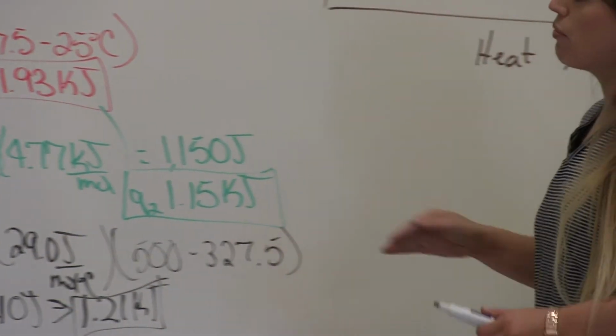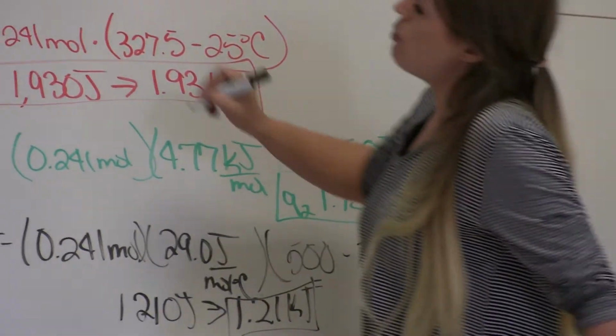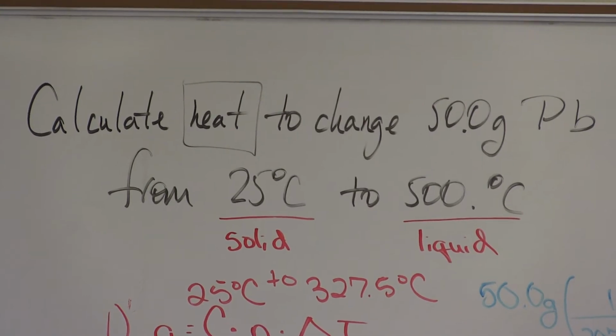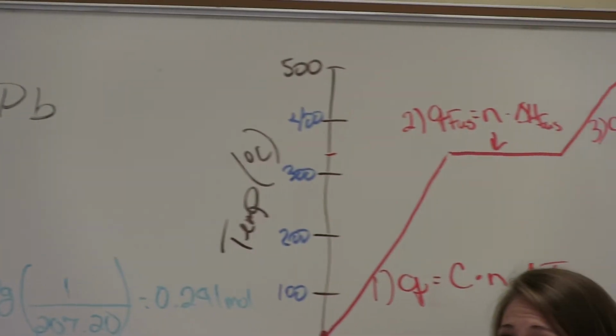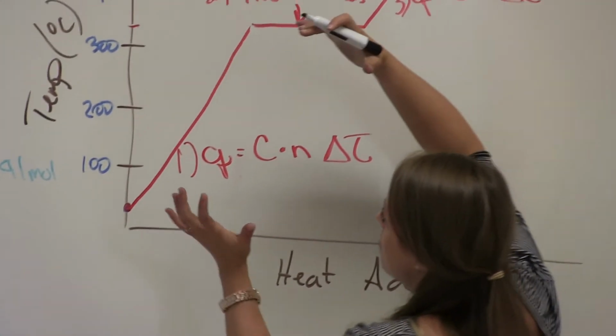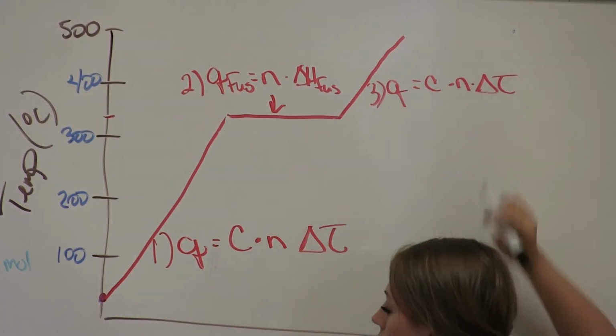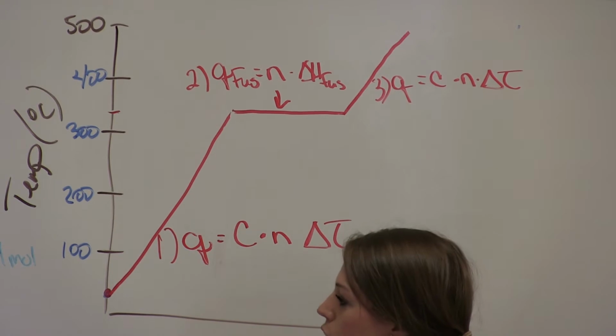Okay, now we've got three answers. But here, we want to know the total heat required to raise it from the solid to the liquid. So it's going to be Q1 plus Q2 plus Q3. Okay, well we have all of that. We went through each one and calculated it.